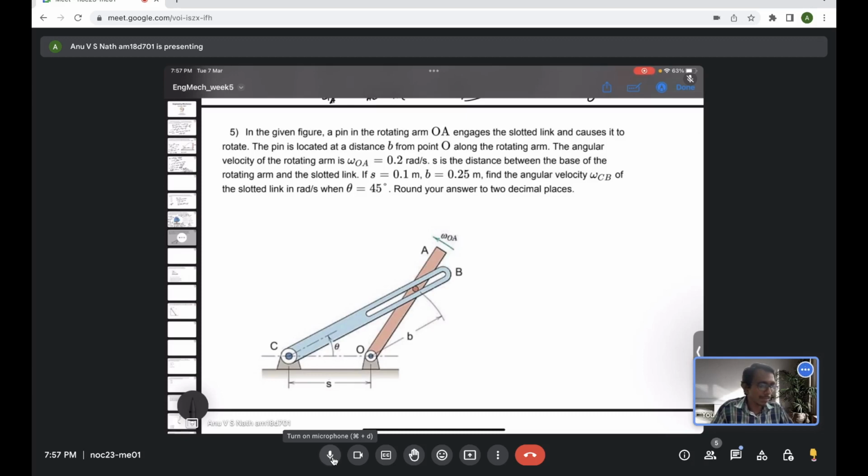So try this out. It's a kinematic mechanism, so we are now starting analyzing mechanisms.